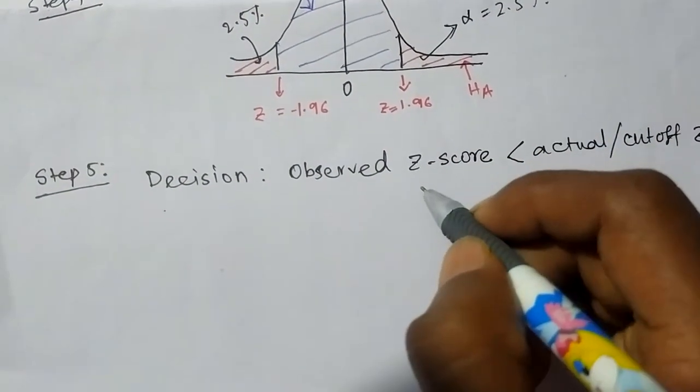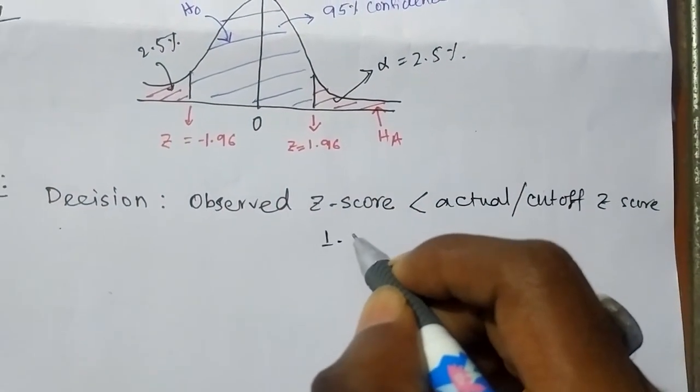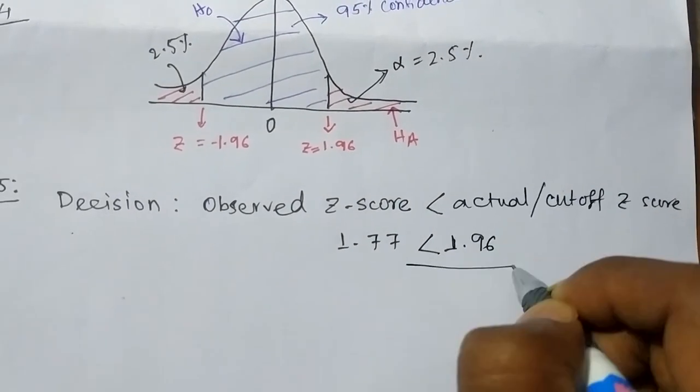That is because obviously 1.77 that I got is less than 1.96.